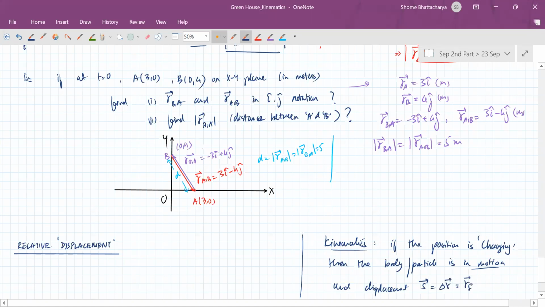It becomes final minus initial position. This is the definition we've seen in kinematics earlier.